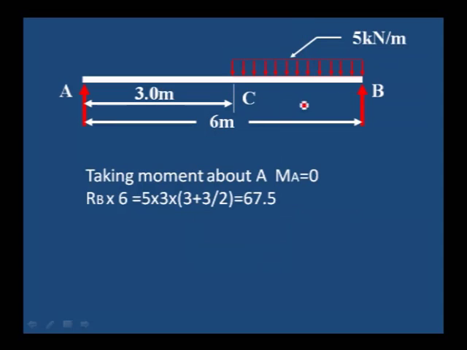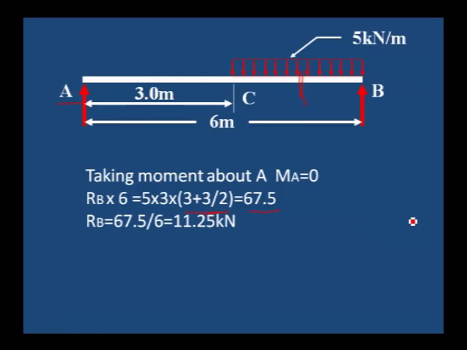That is 3 divided by 2, plus the distance from A, so 3 plus 3 by 2, that is 4.5. So 5 into 3 into 4.5 gives 67.5 kilonewton meter.